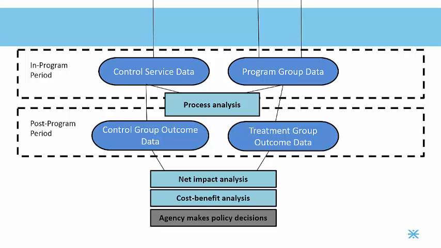They could decide that the program is ready to be widened in scope to accommodate many more people. They could decide that the program was an abject failure and should be terminated immediately, or most probably they could decide that the program should be tweaked in a certain way, and perhaps more analysis should be done before policy decisions are made.